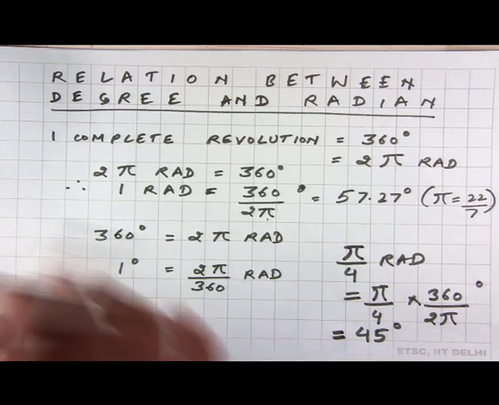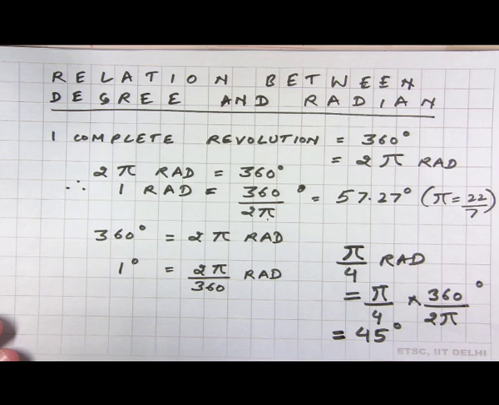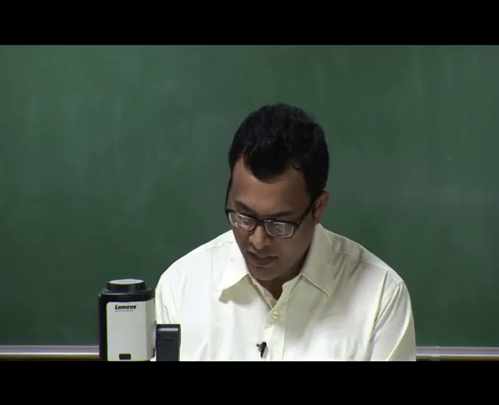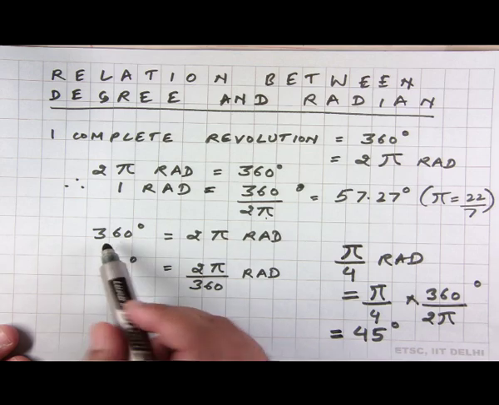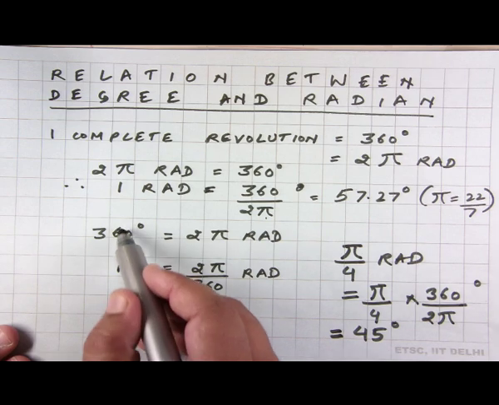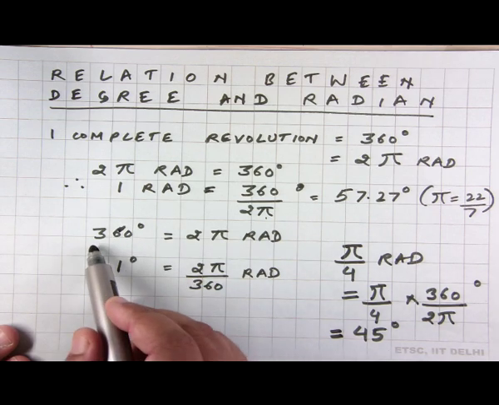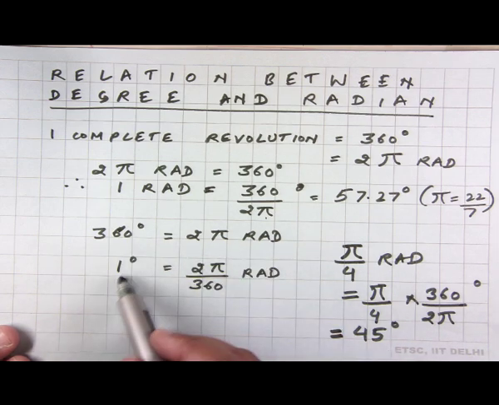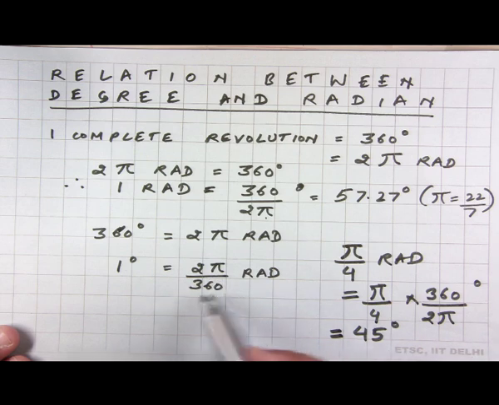And then of course, somebody can ask you, if I give you an angle in terms of degrees, how would you convert it into radians? That is also very simple. We just invert the whole argument and say that now 360 degrees is equal to 2 pi radians, and therefore, 1 degree has to be equal to 2 pi upon 360 radians.